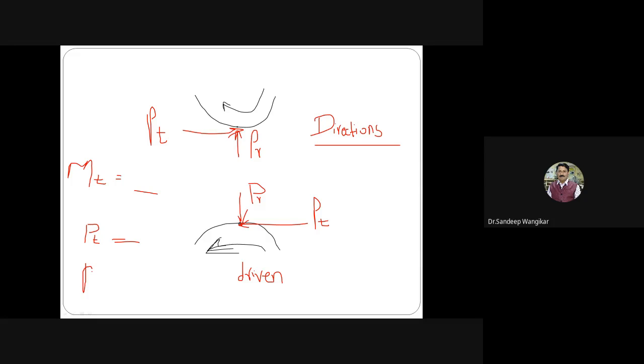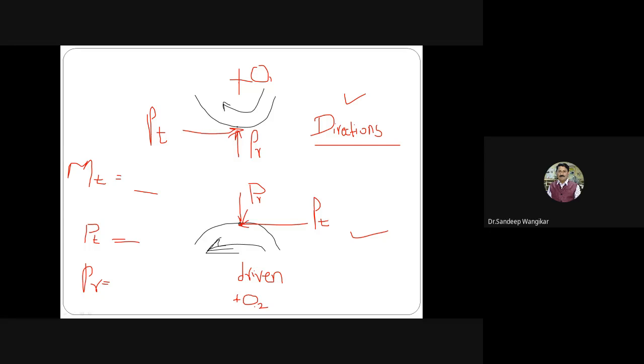Next step, calculate PR. And next step, show the force analysis. You draw it like this, mark the centers as O1 and O2. So this is your free body diagram, which indicates the force analysis.